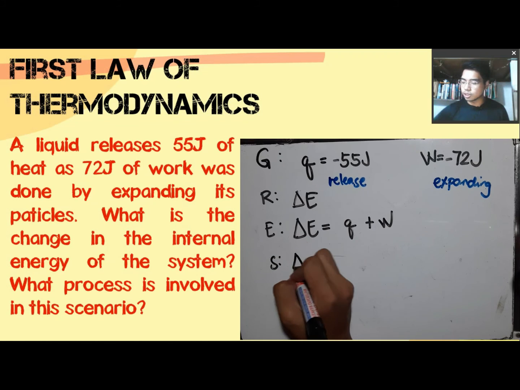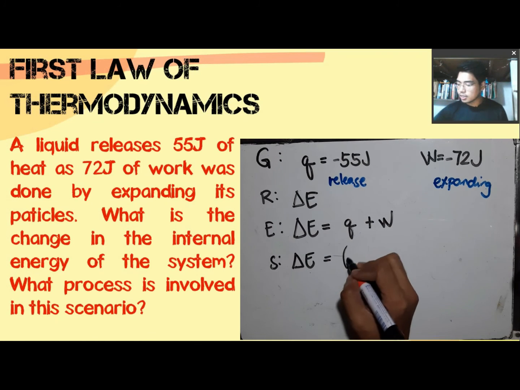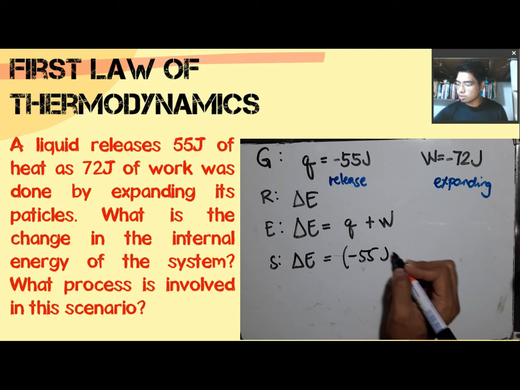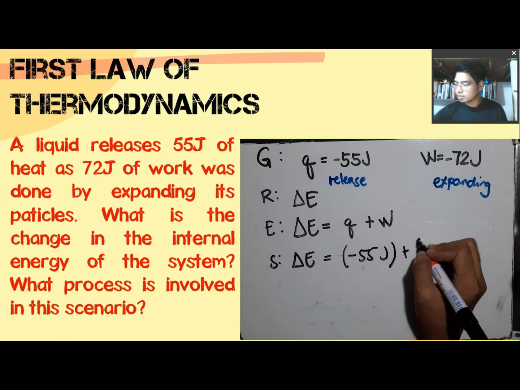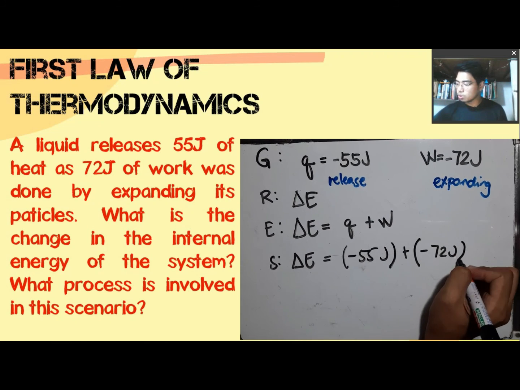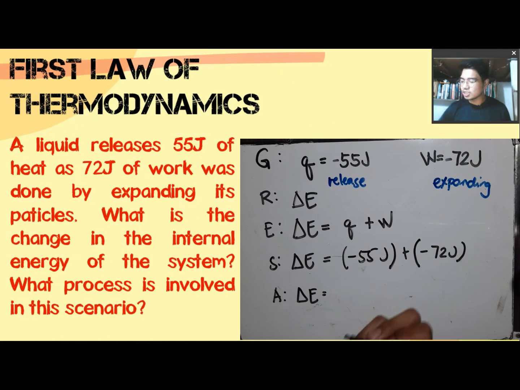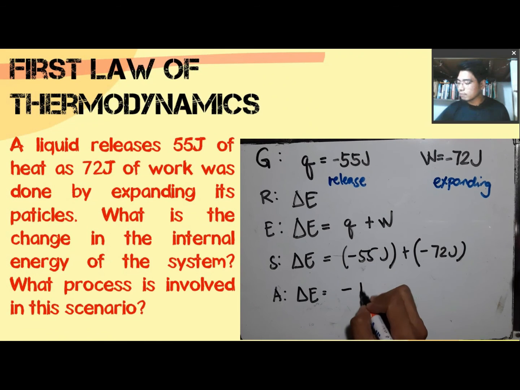Then our solution: delta E is equivalent to our value of Q, which is negative 55 joules, plus the value of work, which is negative 72 joules. Now, for our answer, the change in internal energy is equivalent to negative 122 joules.